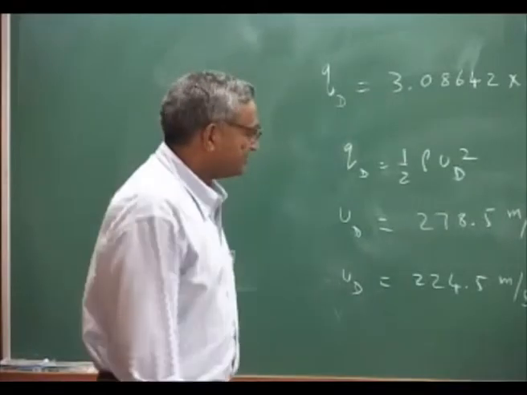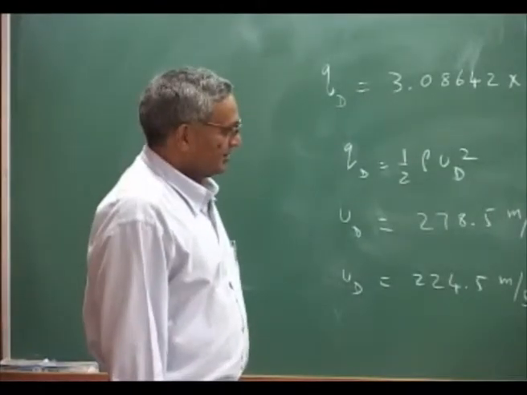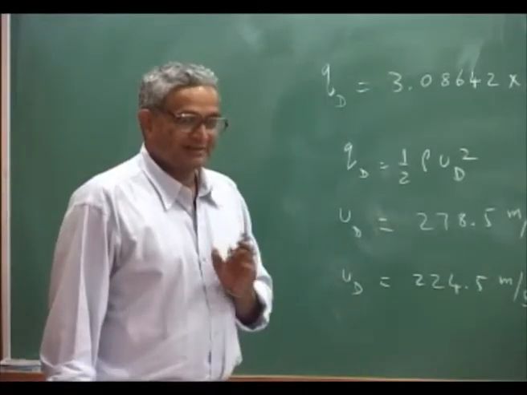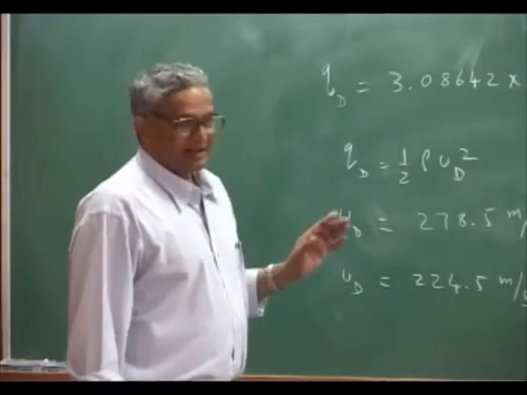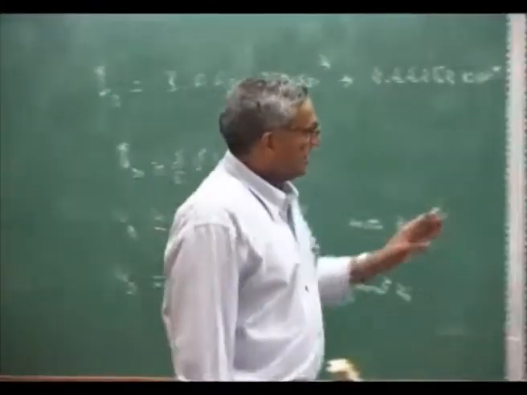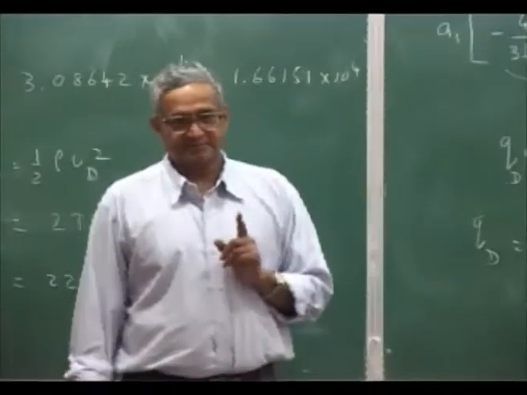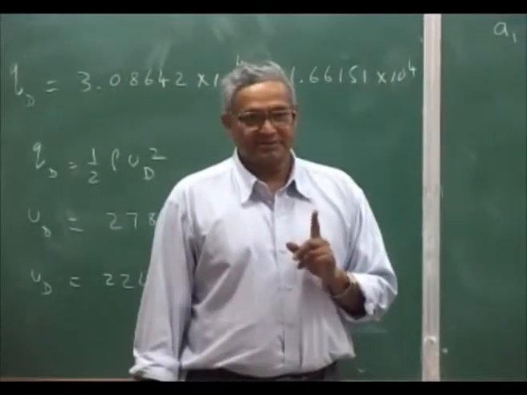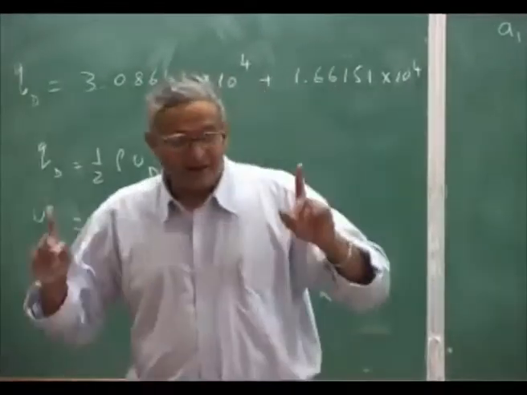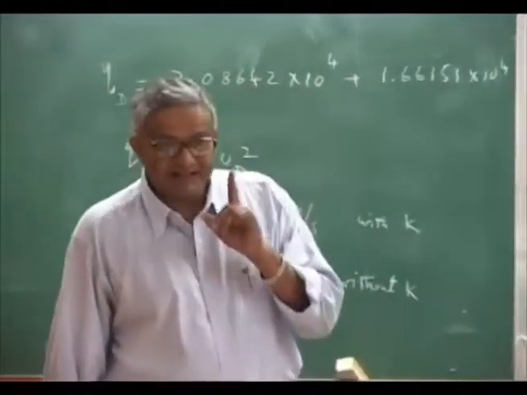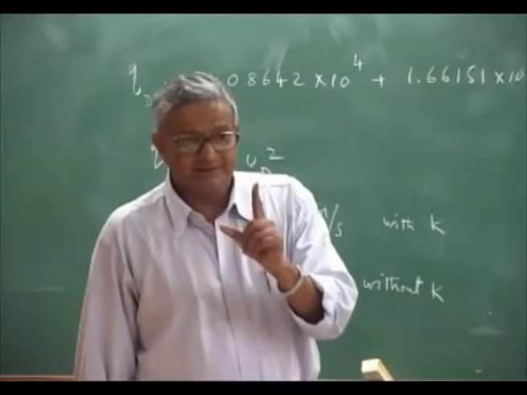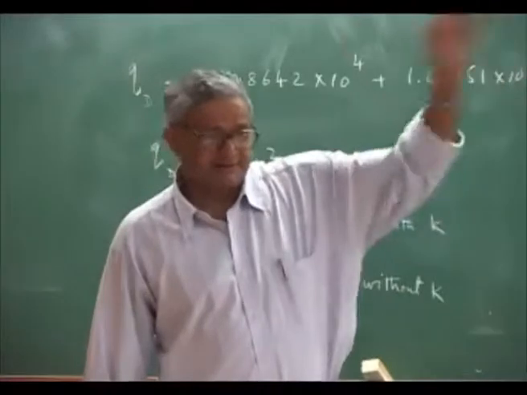Now the question is, this is with the approximate method using Galerkin, but the key step is I should choose the function which satisfies my boundary conditions. That is the essence. It must satisfy all the boundary conditions. We have chosen only one function, but like that you can have several functions.